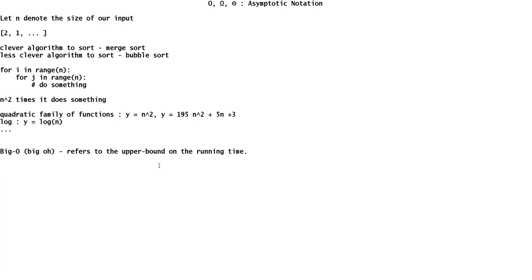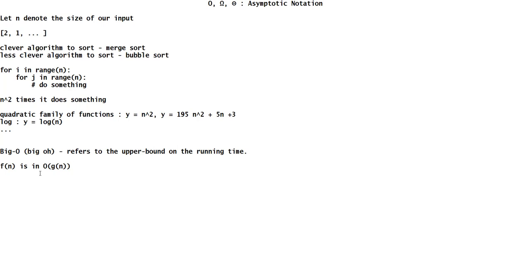So if we say some function f of n, and this f of n might look like n squared or n cubed or whatever based on the code we see, based on our algorithm, whatever that f of n is, f of n is in big O of g of n.